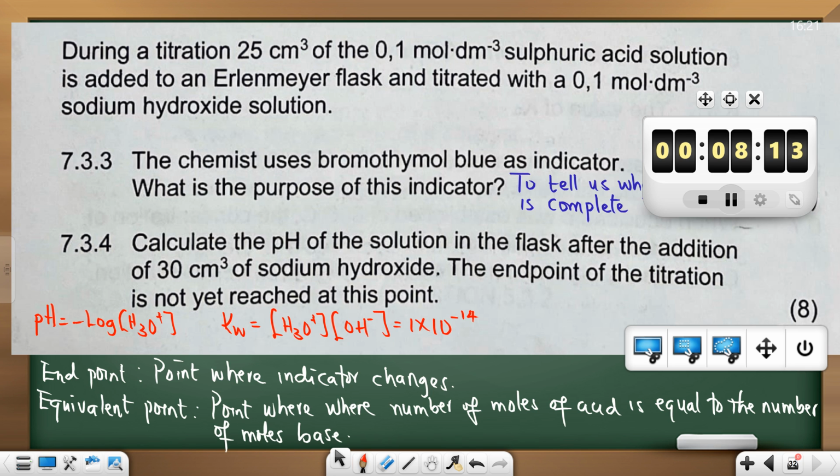There was no equation. No, you should write. The examiner did not give an equation. They expect you to be able to tell what's going on between sodium hydroxide and sulfuric acid. It's basic. So we must be able to write some of those equations. They didn't give us.